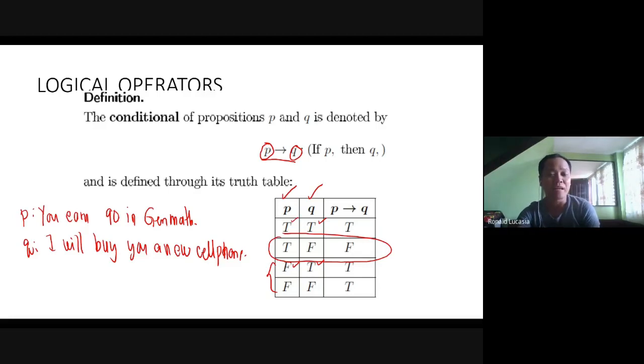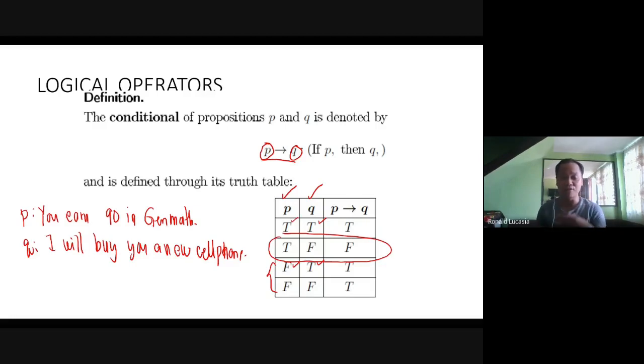Okay? Let's consider the proposition: you earn 90 in general mathematics, and Q is, I will buy you a new cell phone. In the compound proposition, you just add if and then. If you earn 90 in Gen Math, then I will buy you a new cell phone. That conditional is true. But this does not mean that you will earn 90 in Gen Math.